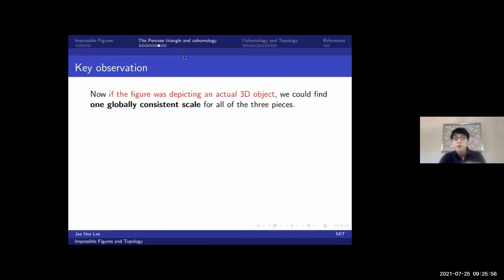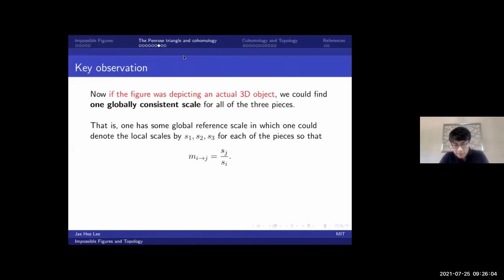So what that means is that we can have one globally consistent scale for all three pieces. Numerically, we have some global reference scale in which our actual object exists. And each of the local scales that we chose when we associated local data to each local piece, we can now think of as multiples of that one global scale.